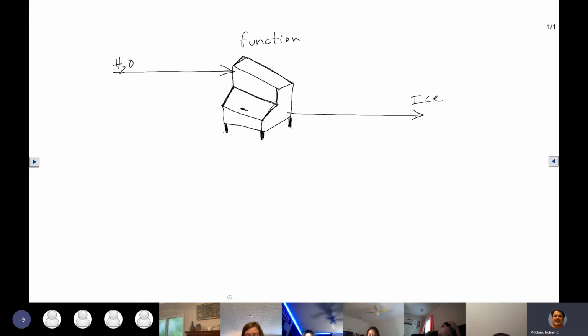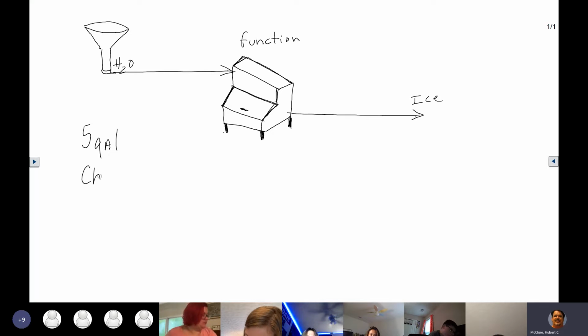But let's say that you cut off the water flow and you put a big funnel. Of course, y'all don't know what a funnel is. Okay? And you put in a big funnel and you pour in 5 gallons of cherry Kool-Aid, since everybody's drinking Kool-Aid now.